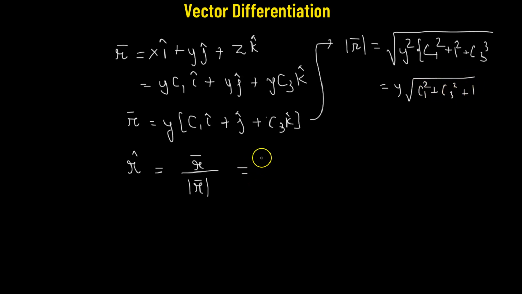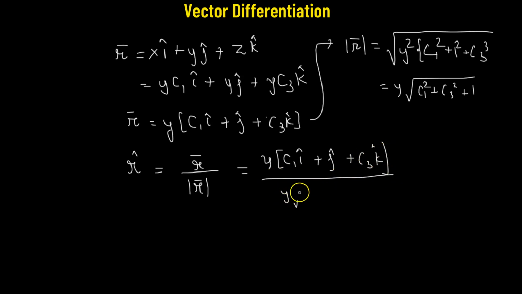We will substitute the value. So we have y times (c1 i cap plus j cap plus c3 k cap) whole divided by y times the square root of c1 squared plus c3 squared plus 1.